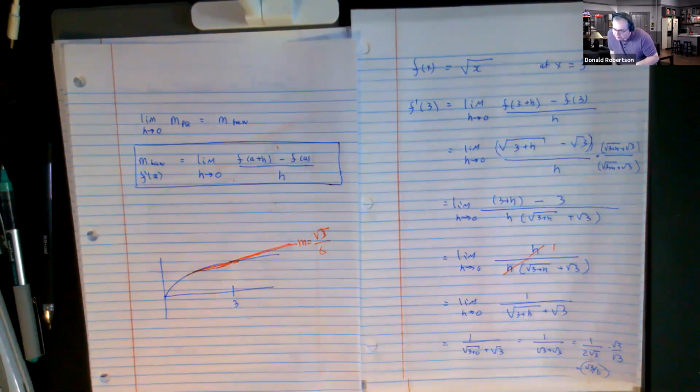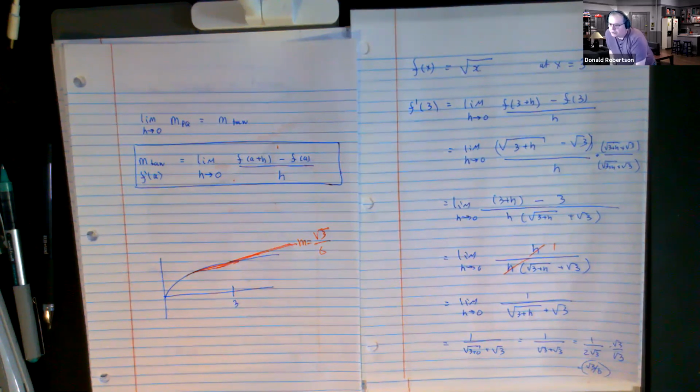If you try a table of values, like I'll try 3 and 3.00001, don't you just get an ugly decimal? And you might say, well, if I round it off to 6 decimal places, it's 0.123477779 or something, right? But I defy you to realize that that horrible decimal is the square root of 3 over 6. Would you agree you would never be able to figure that out? Because couldn't it be the square root of 7 over 42? Or a half the square root of 19 over 7, right? It could be anything, right?